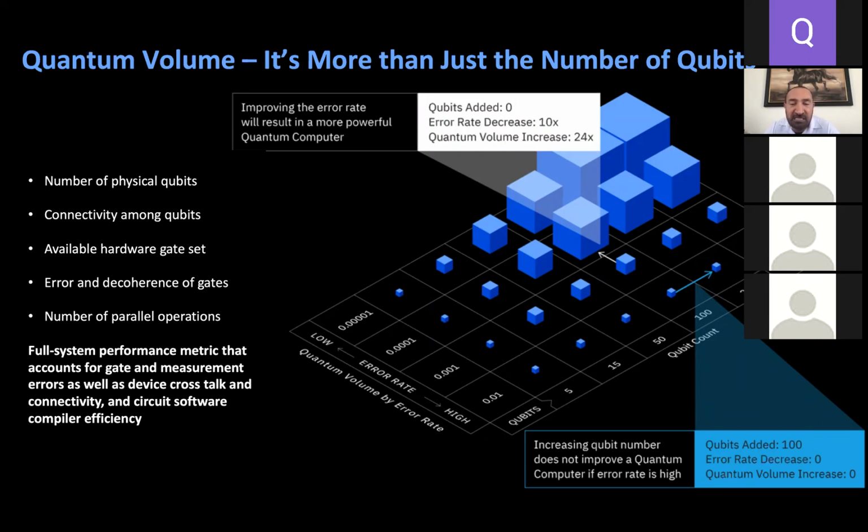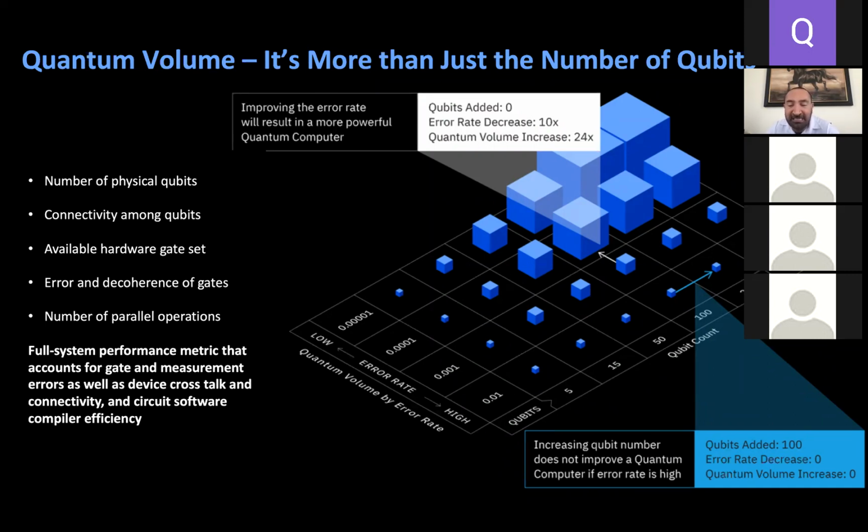So you see here an example in which, on the top, no qubits have been added to a computer. Qubits added: 0. However, the error rate has decreased by a factor of 10. In such a situation, for example, the quantum volume increases by a factor of 24.